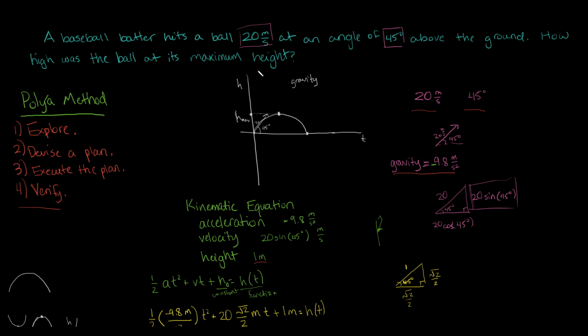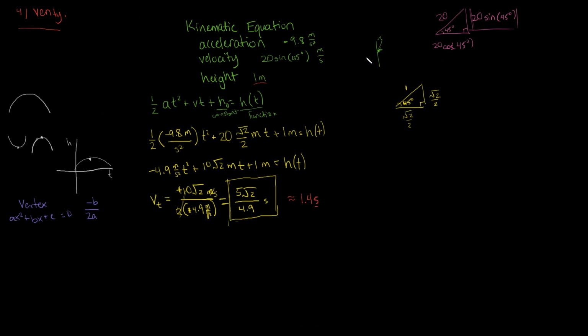So not only was this giving us the wrong unit, but also if we just consider 20 meters per second, 45 degrees, it would seem much more reasonable that it would be something more like 10 meters, right?